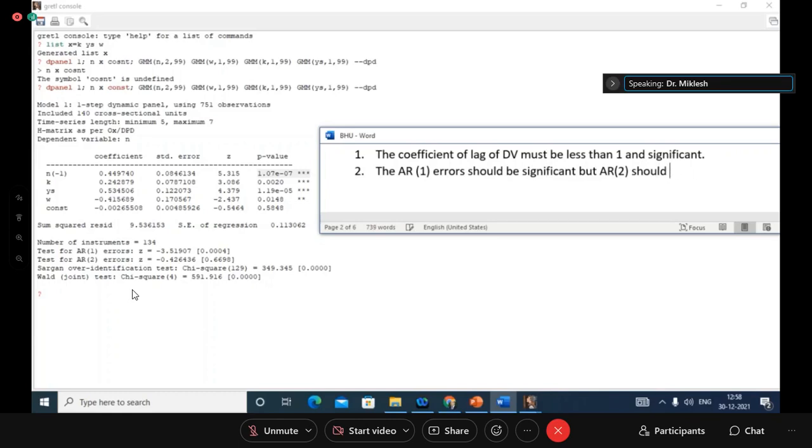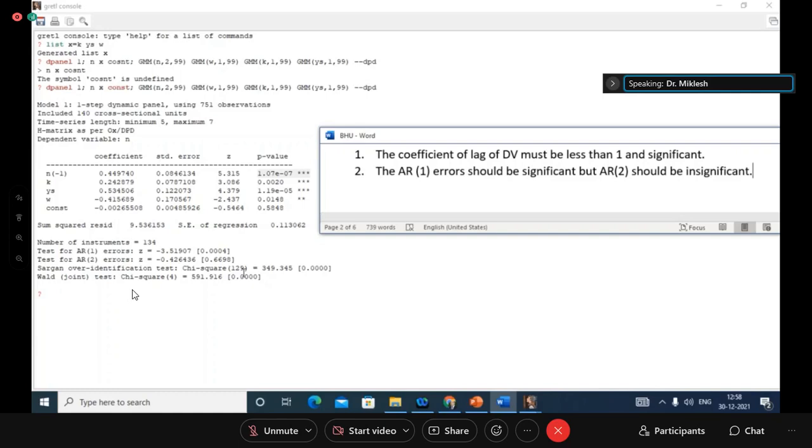It means it should be insignificant. Again, I'm repeating. The AR1 error should be significant and AR2 should be insignificant.